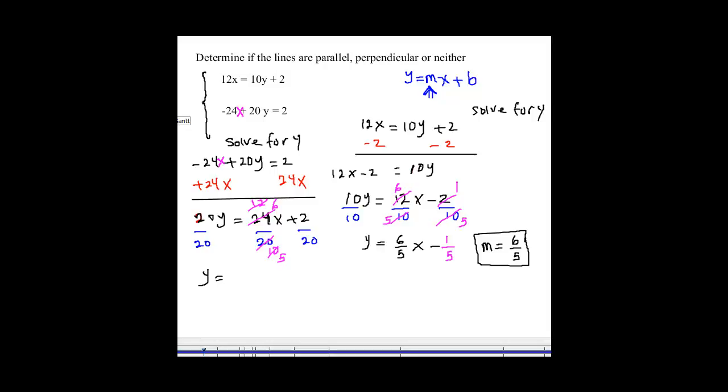Looks like we get the same slope again. Here we have 6 over 5x plus, and then you get 1 over 20, which is equal to, with 2 over 20 would be 1 over 10.